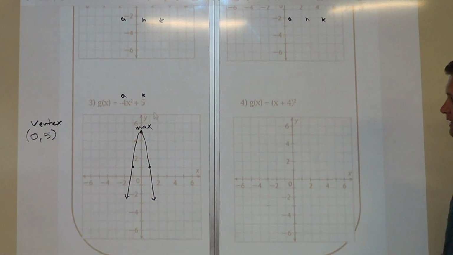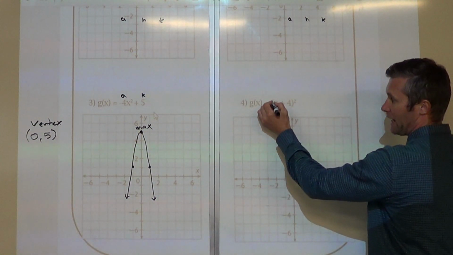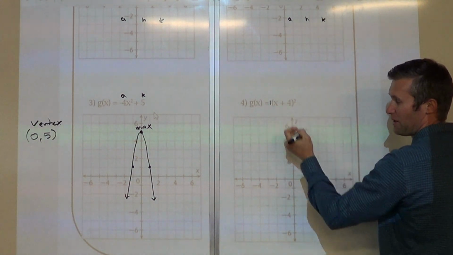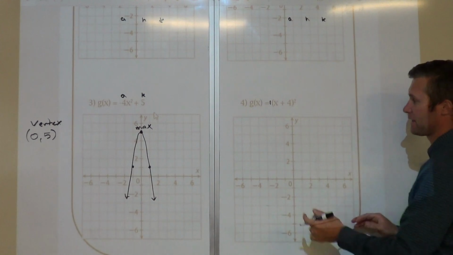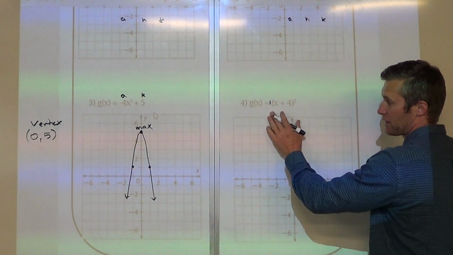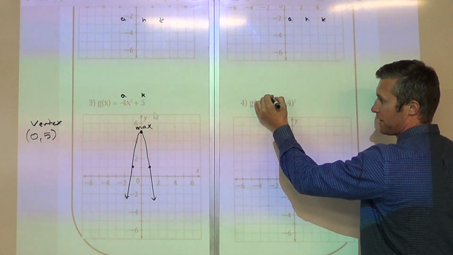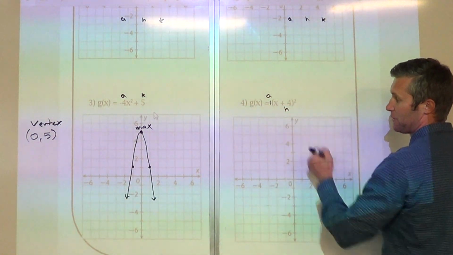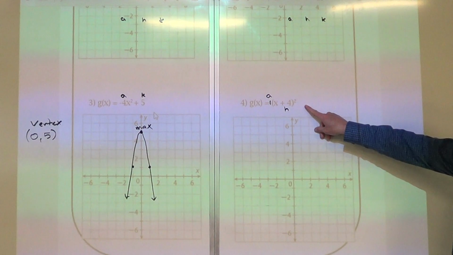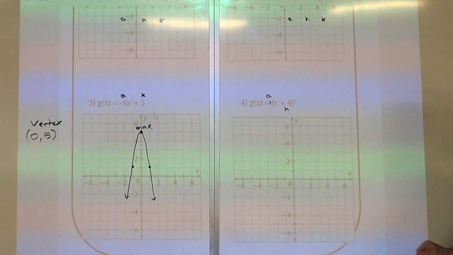Come through here, I go, all right, my a value is 1, so it's my a value. There's always going to be an a value in every single problem. If it's not, then it's not a quadratic function. So this 4 now, that's my h value. It's inside the parentheses, and there's no k value, so my k value equals 0 in this case.